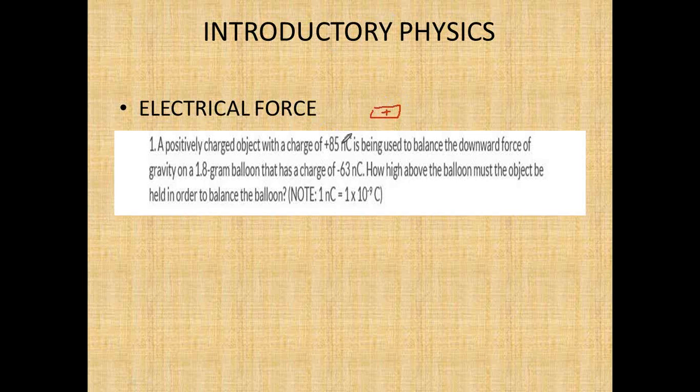It is being used to balance the downward force of gravity on a balloon. The balloon has a negative charge. So if you understand what they're saying, you have a positive charge object right here.